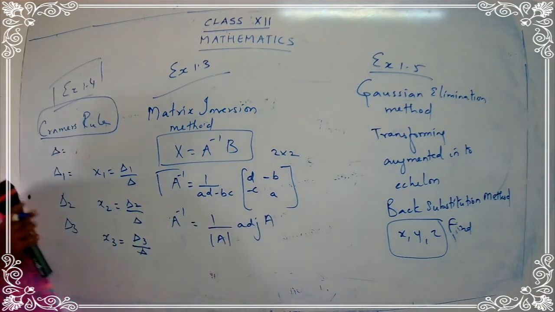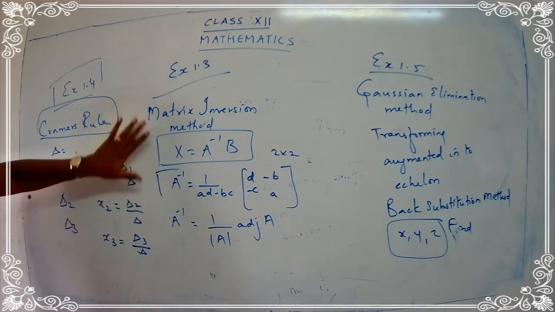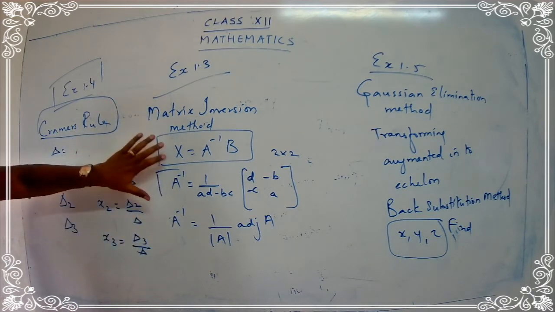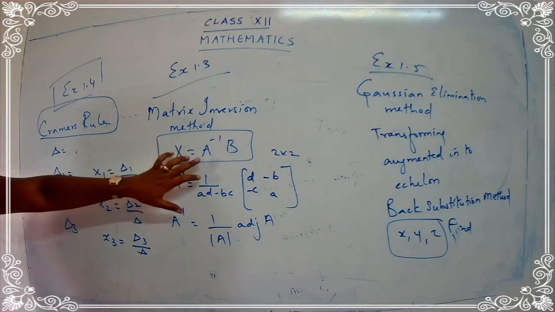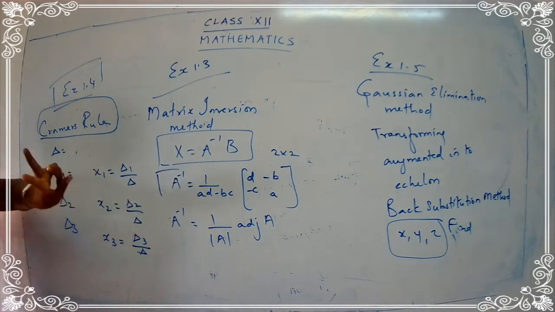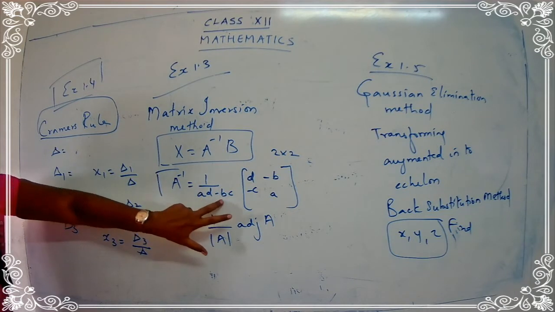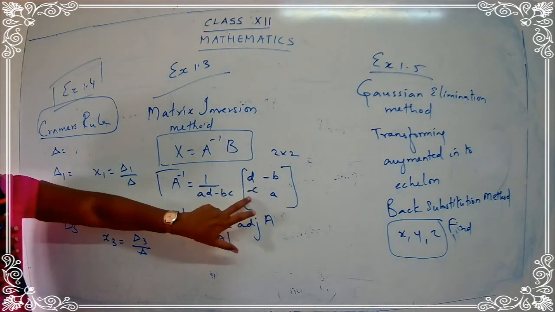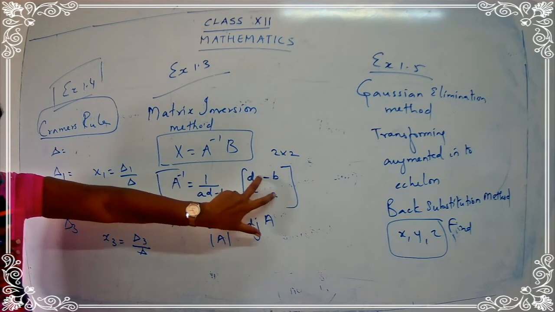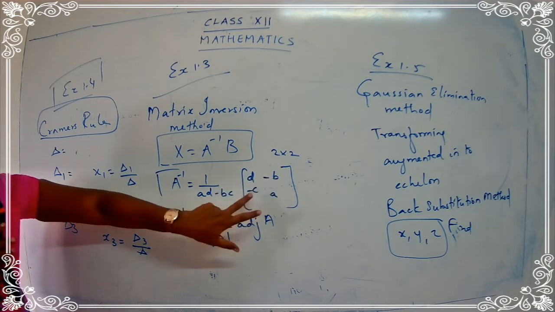So these are the formulas that we have studied in the matrix inversion method. What is the formula for finding the x value? It is A inverse B. And if you have a 2 by 2 matrix, you can use the formula 1 upon AD minus BC times D, minus B, minus C, A. That is, you interchange A and D and just change the sign.